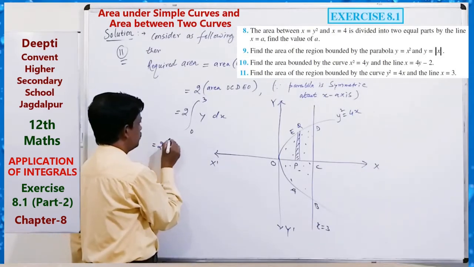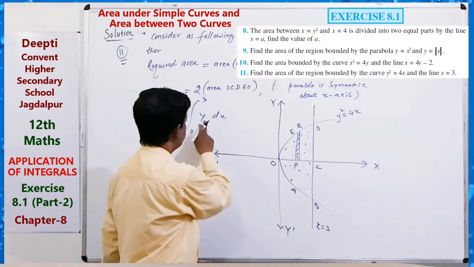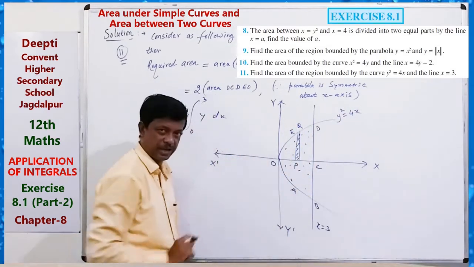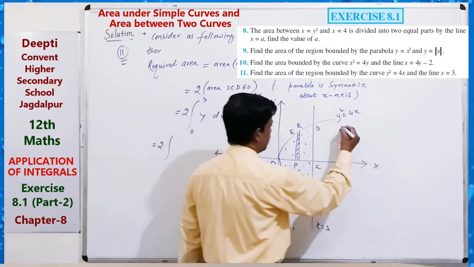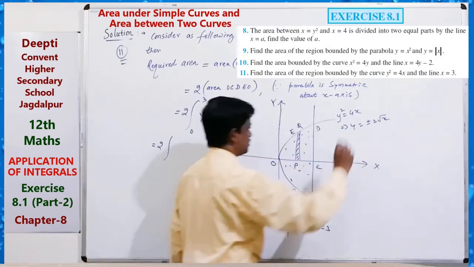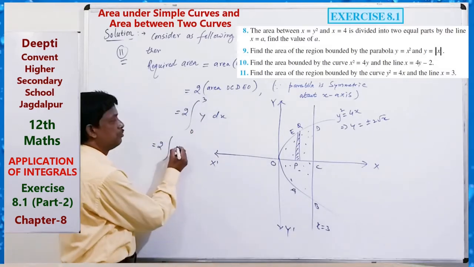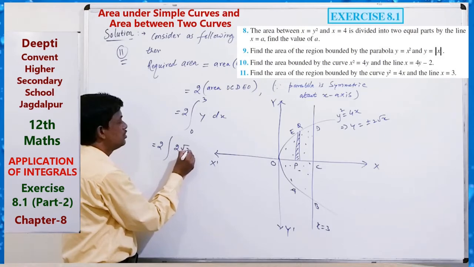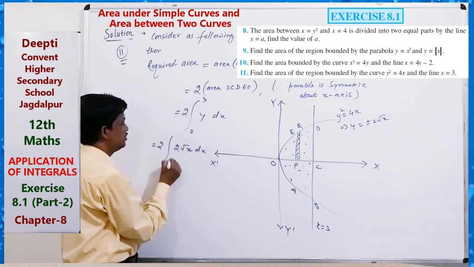So 2 y dx, with y from the parabola. So here y equals to what? Plus minus 2 root x. We take the plus, upper side. So 2 root x dx, 0 to 3.